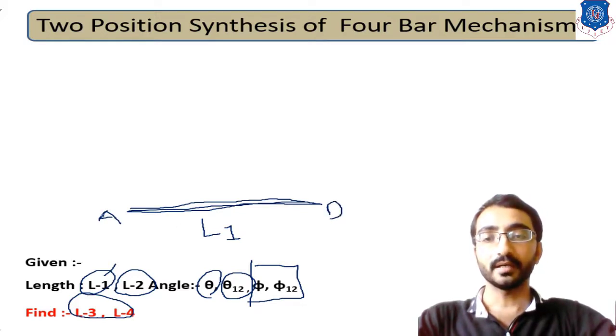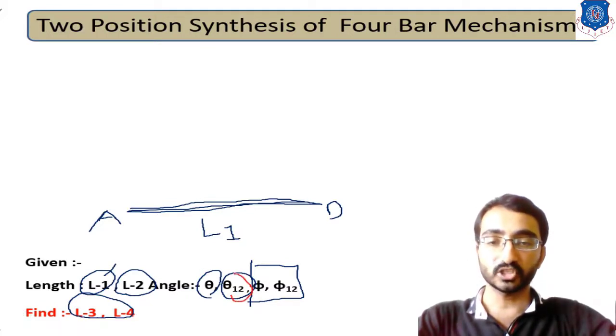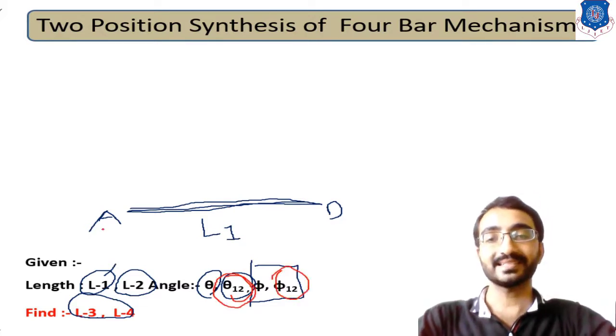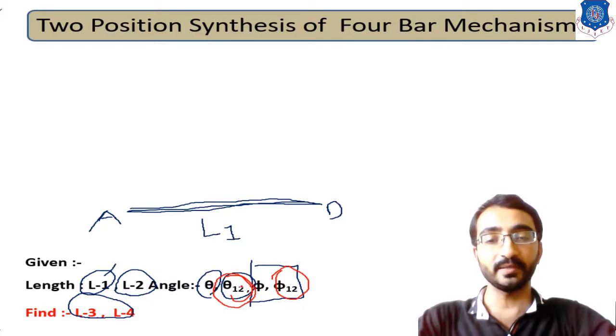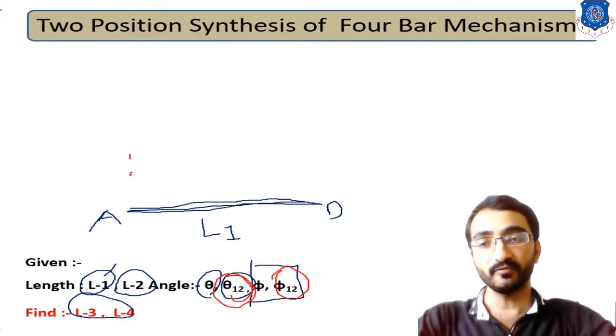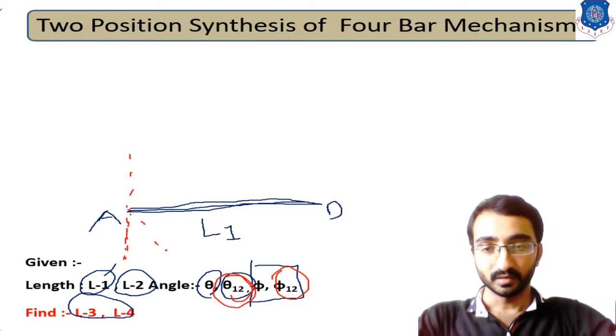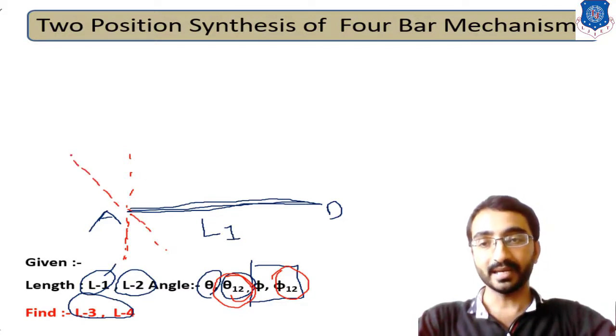Now the next data that we will use: in this case they have given the input positions theta 12 and phi 12. Okay, so let's consider that theta 12 is your input crank angle. So over here you have to assume this one as a reference line, and with reference to this vertical line you have to plot an inclined line which makes an angle of theta 12.